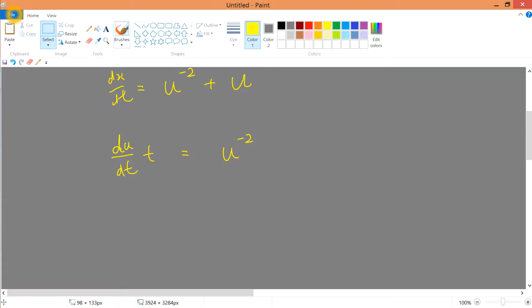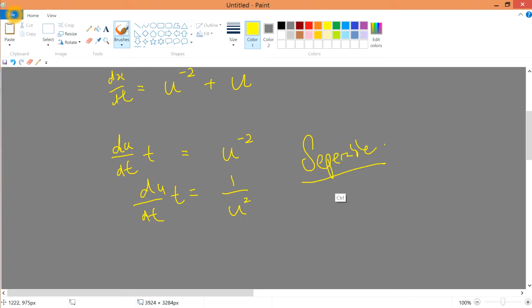Okay, so things are starting to get a little more clear right now. And let me rewrite this as 1 over u squared. Now we rearrange in terms of separable equations. We can now solve it as a separable equation, if you still remember the Khan Academy one.